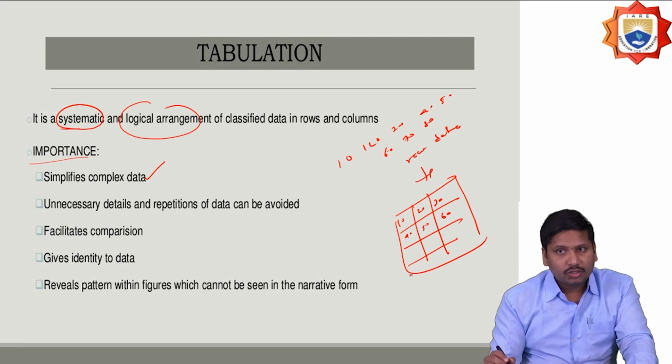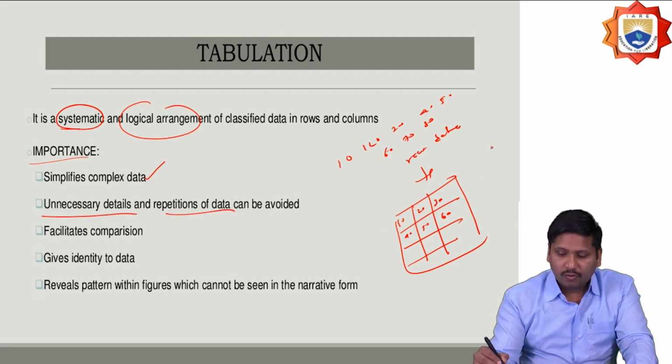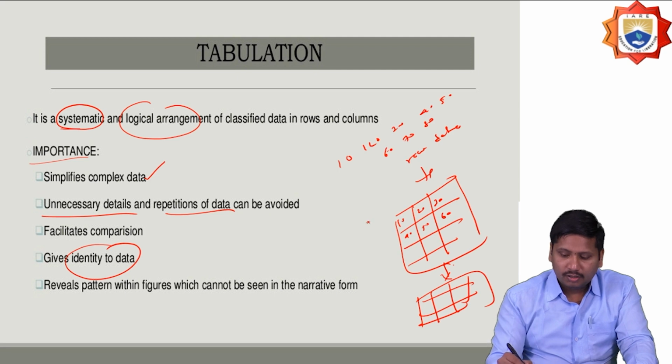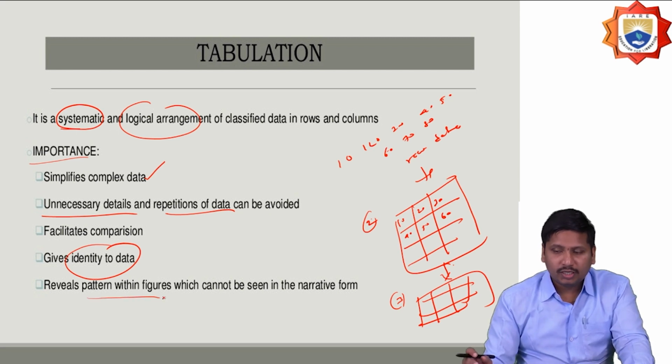And if I want to make a comparison, it can be done very quickly. It should also identify the data, like where the data is coming from and what the serial number of the data is, and it reveals patterns with figures that cannot be seen in narrative form.